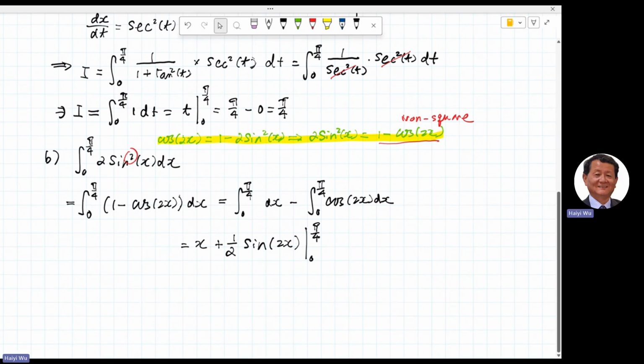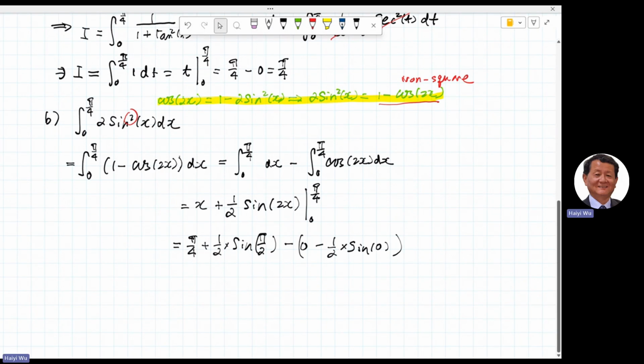Cosine has a negative sign. Then we plug in pi over 4 plus, sine 2 times pi over 4 becomes pi over 2, minus 0, minus half times sine 0, which is 0.